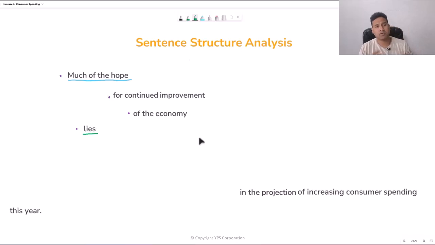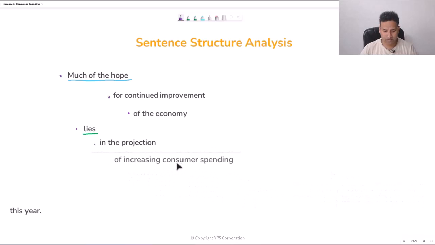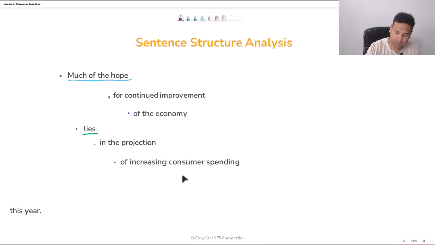Much of the hope lies somewhere, lies in the projection. Interesting. In the projection of increasing consumer spending. So this clearly is adding more information about projection. So this is a modifier here for projection.